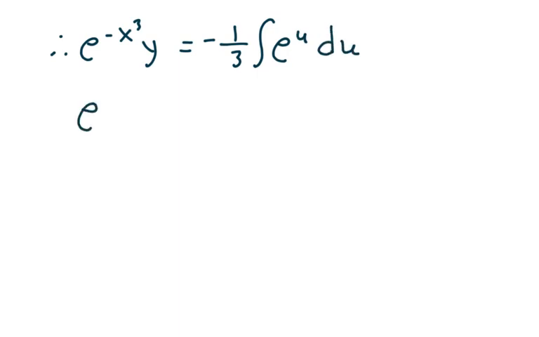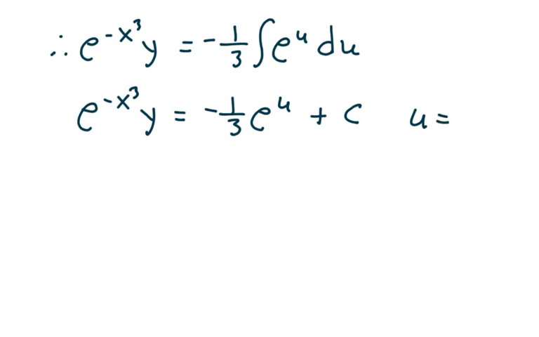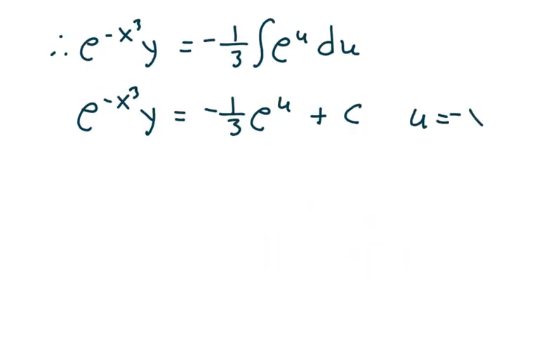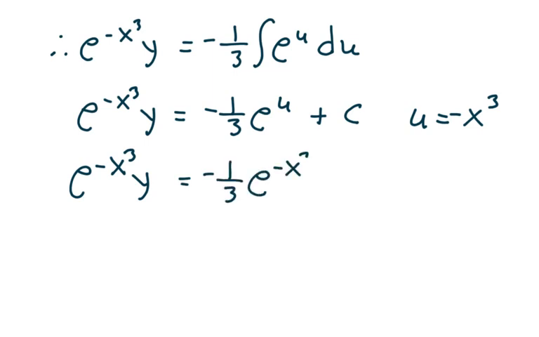And so e to the negative x cubed y is negative 1/3 e to the u plus c. But remember, u is negative x cubed. And so e to the negative x cubed times y is negative 1/3 e to the negative x cubed plus c.